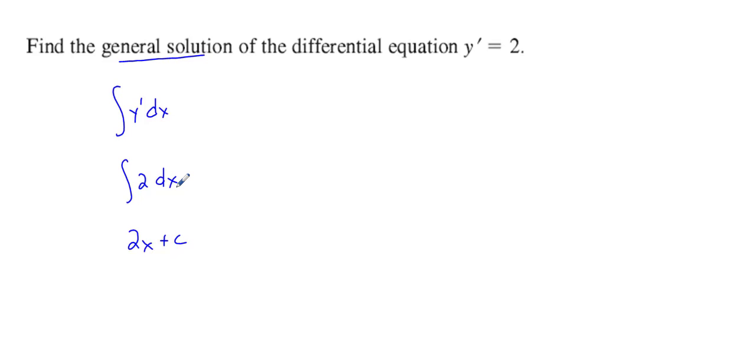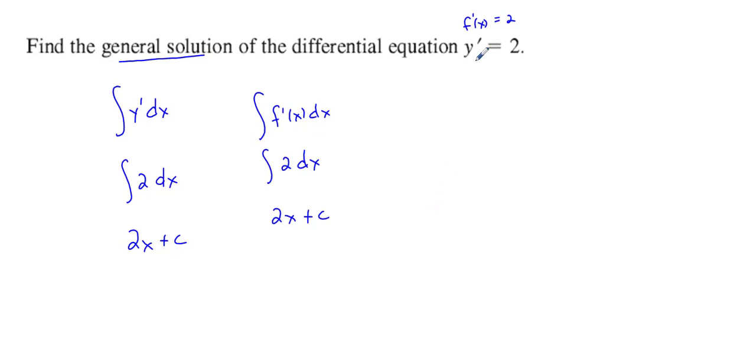That's one way to do it. We could say this is f of x, right? F prime x equals 2. Then we would say antiderivative of f prime x with respect to x, antiderivative of 2 dx, and then we'd have our 2x plus c. That's another formal way of writing this.